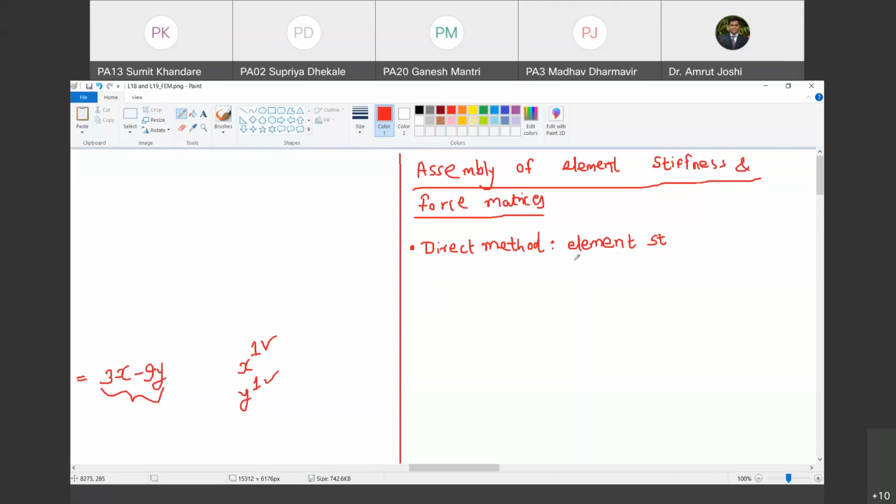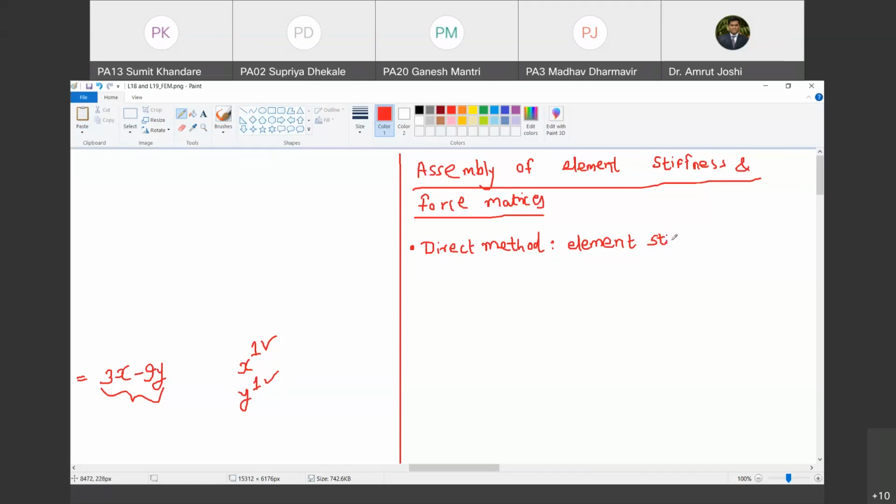But here we are going to learn a new method. In fact, we are going to revise this method. This you have already learned in your structural analysis 1 and 2 courses. Are you with me? Yes, sir. But here we are not going to stop by developing a stiffness matrix at element level, but we are also going to learn to assemble it into a global stiffness matrix. Are you with me?